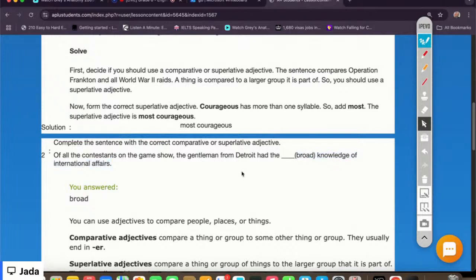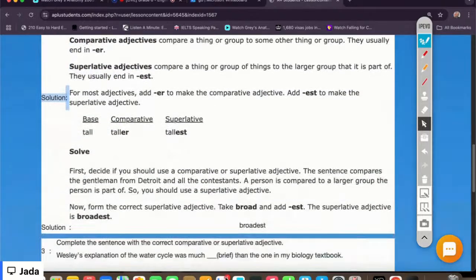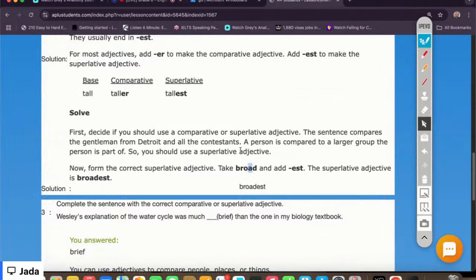Is it going to be broader or broadest, or more broad or most broad? Broad is just how many syllables? It's very little, it is not more than one or two. So we will have broadest.